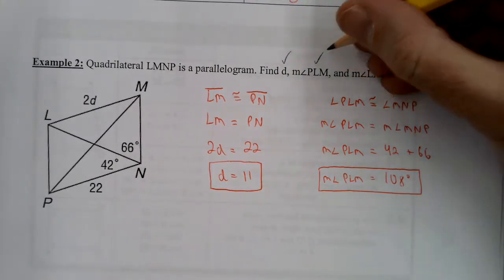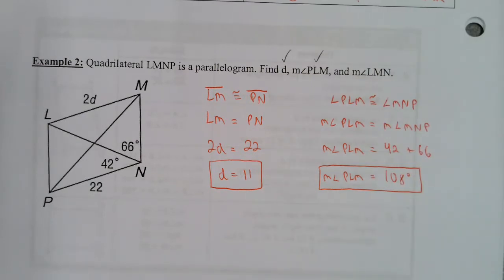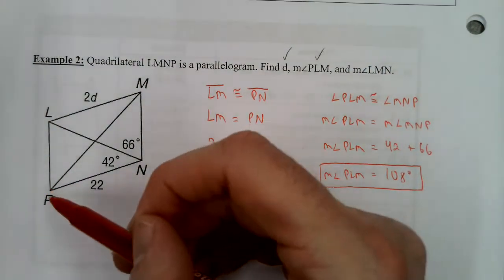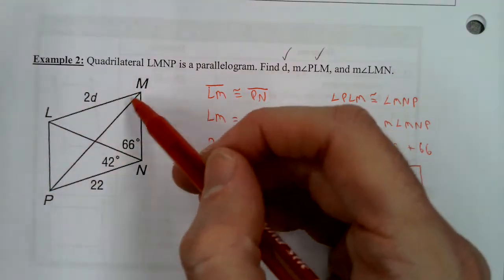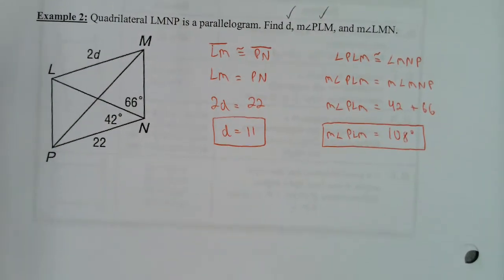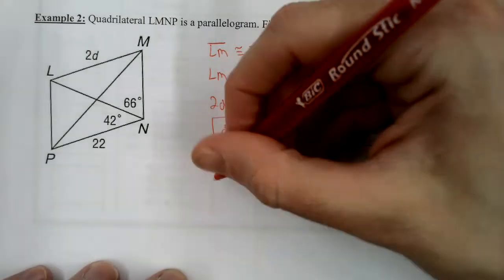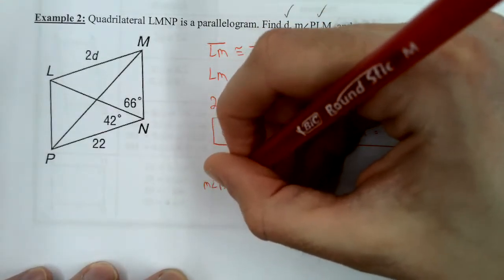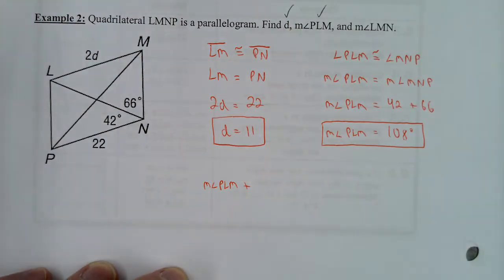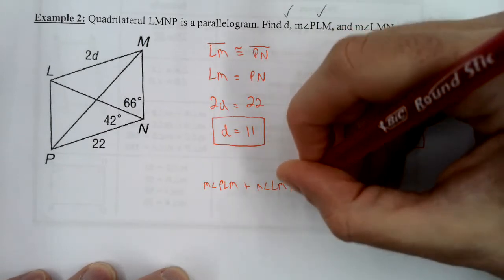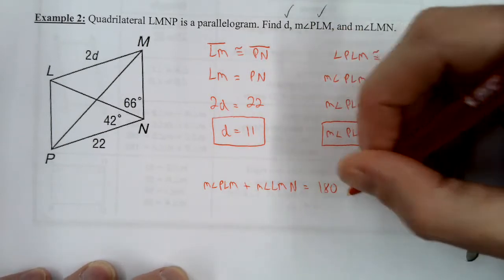And then don't miss any parts. Now let's find the measure of angle LMN. LMN and the angle we just got, PLM, are consecutive angles, so they're supplementary, which means they add up to 180. So the measure of angle PLM, the angle we just got, plus the measure of angle LMN, the angle we're looking for, has to equal 180 degrees because they are supplementary.